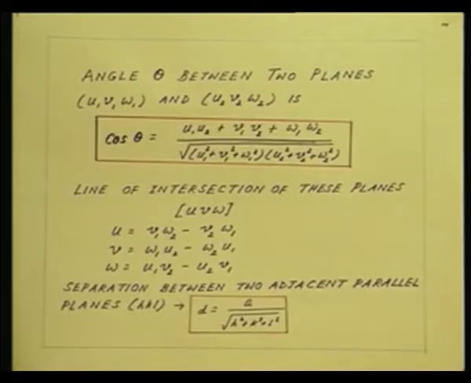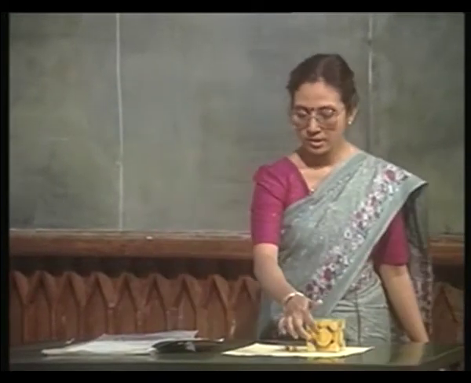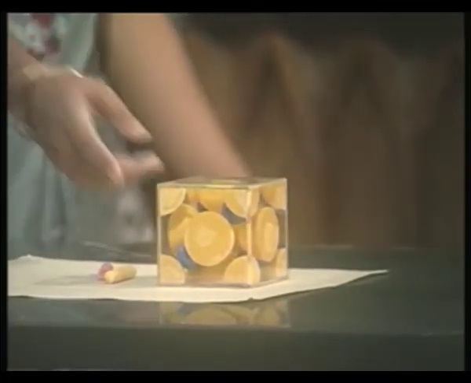You know that the separation between two planes is given by this relationship: D is A by root over h square plus k square plus l square. Therefore, if I have two 1, 0, 0 planes, that is this front plane and this back plane, the separation between them is simply A. You can see it from here.